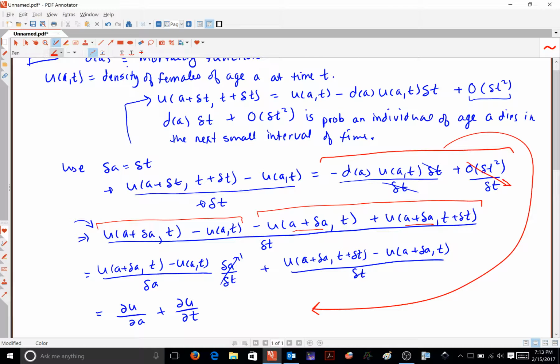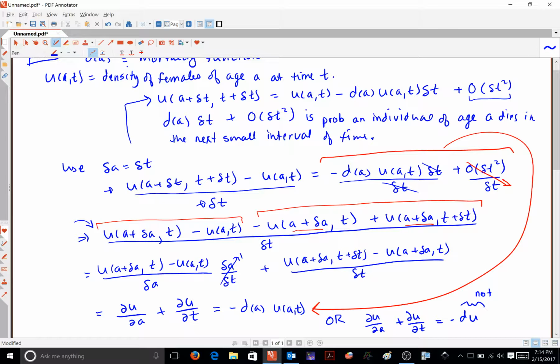So we are left with then, this is equal to minus d, a function of a, times u of a, t, or you can write it as du/da plus du/dt is equal to minus d times u. This is not a derivative.